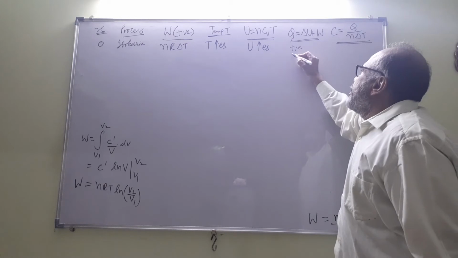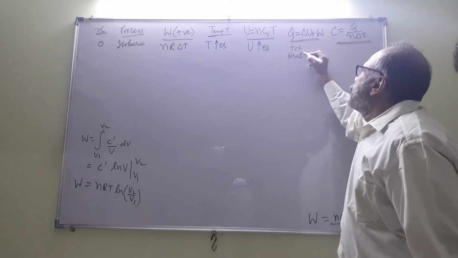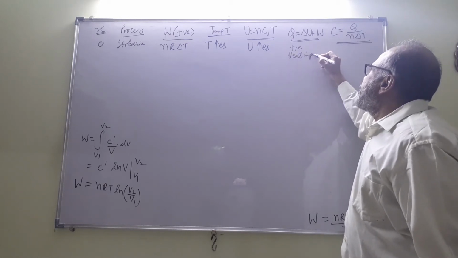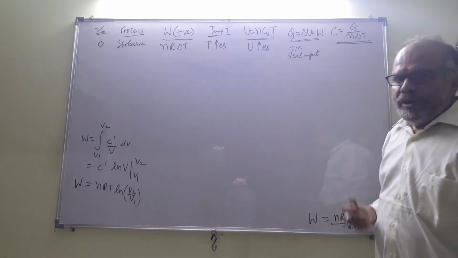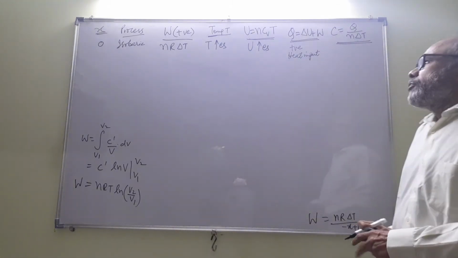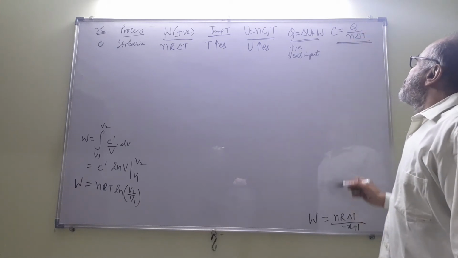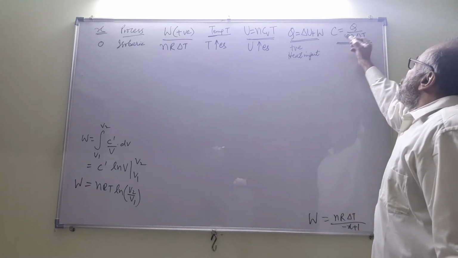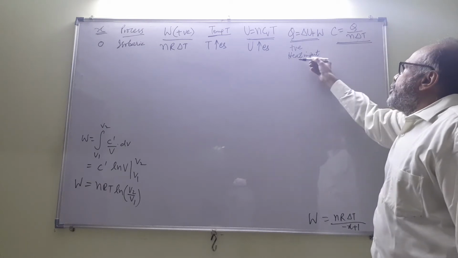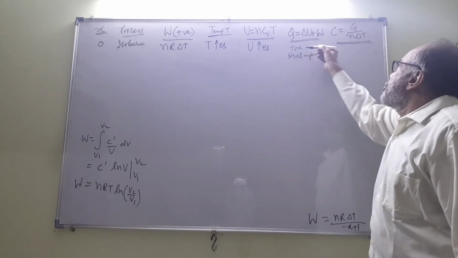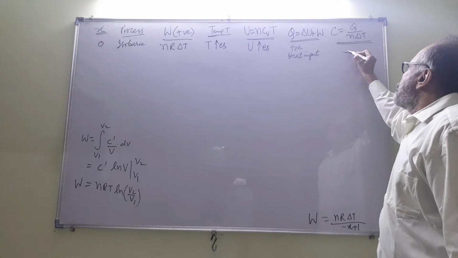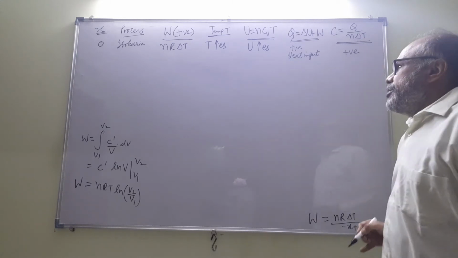That means there is a heat input. So for an isobaric expansion, you have to supply heat from outside. Then the specific heat capacity. Q is positive, heat input, delta T is positive, so the specific heat capacity will be positive.